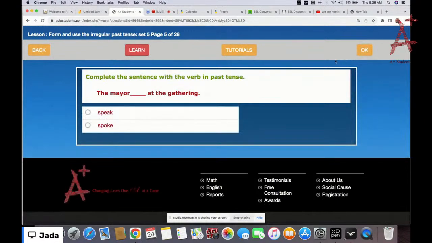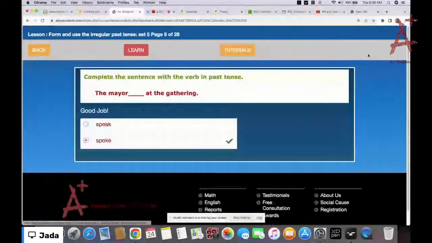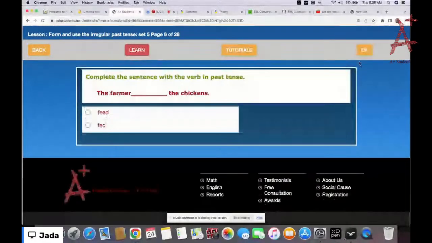The mayor dashed at the gathering. Speak or spoke? The mayor what? Spoke or speak? Spoke. Mm-hmm.